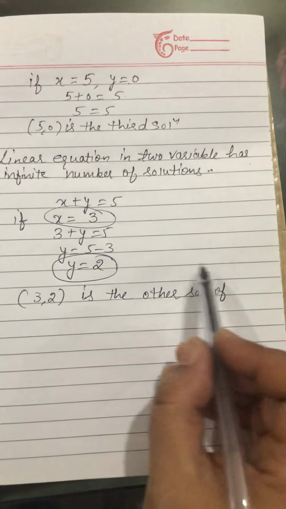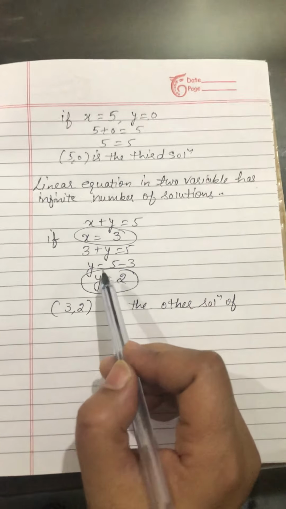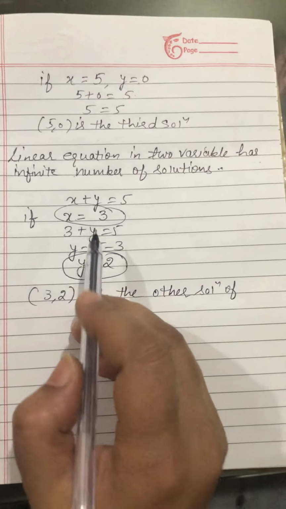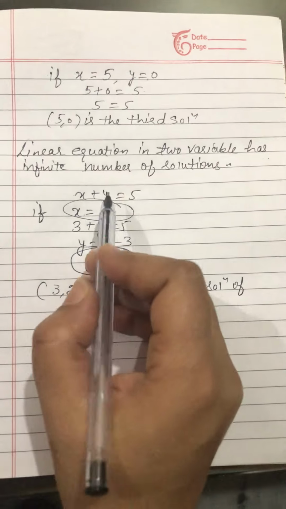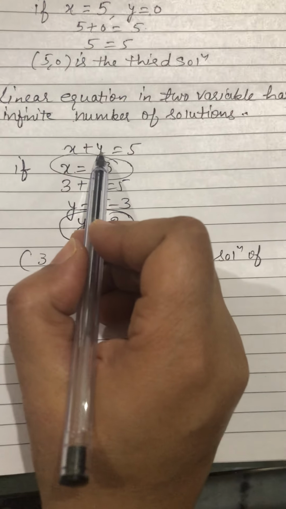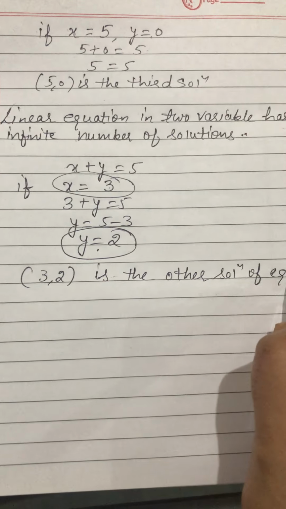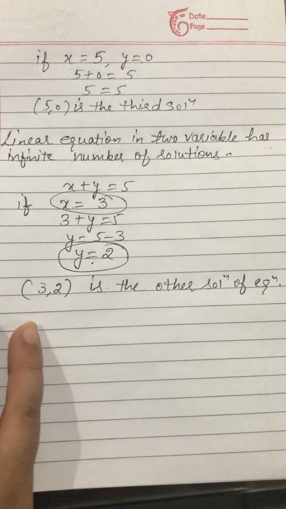This is another way of finding the solution. Pick any value of x, you will get the corresponding value of y, or you can pick any value of y and get the corresponding value of x.